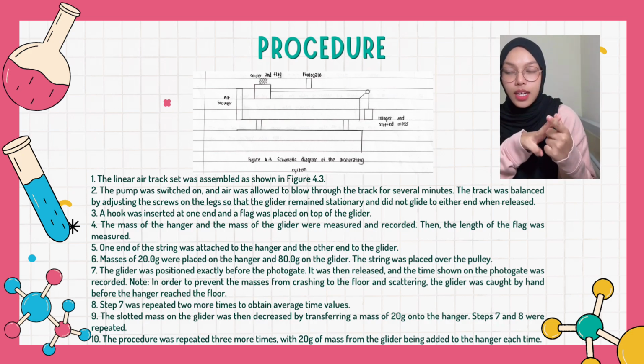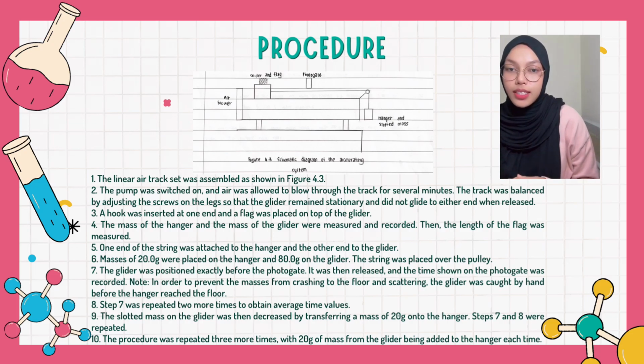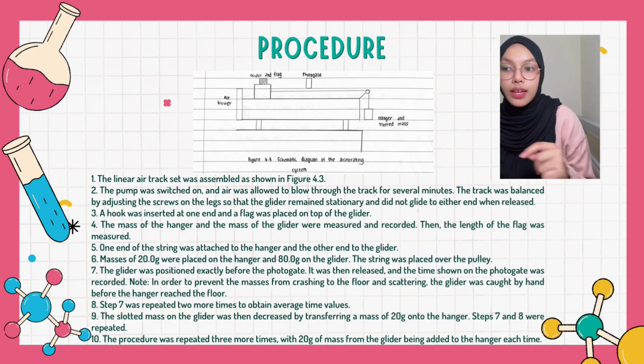The third one, a hook was inserted at one end and a flag was placed on top of the glider. Fourth, the mass of the hanger and the mass of the glider were measured and recorded. Then, the length of the flag was measured.